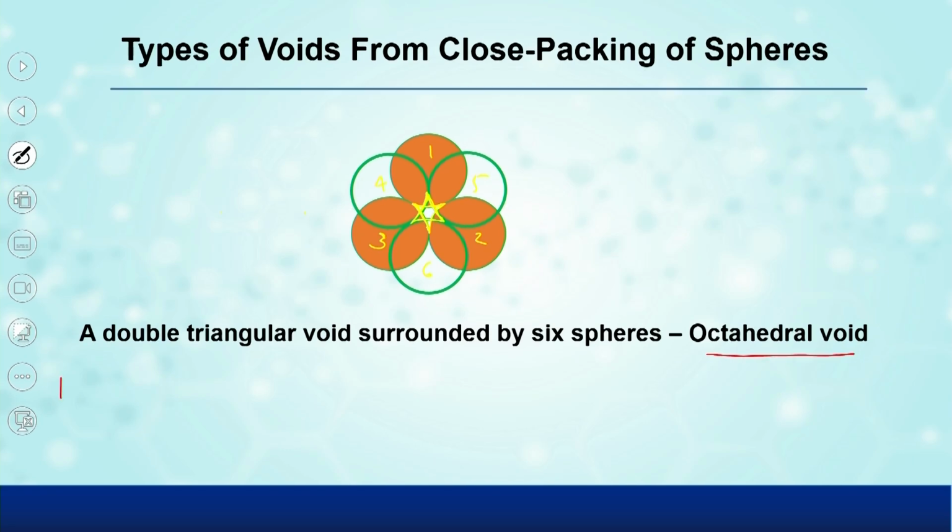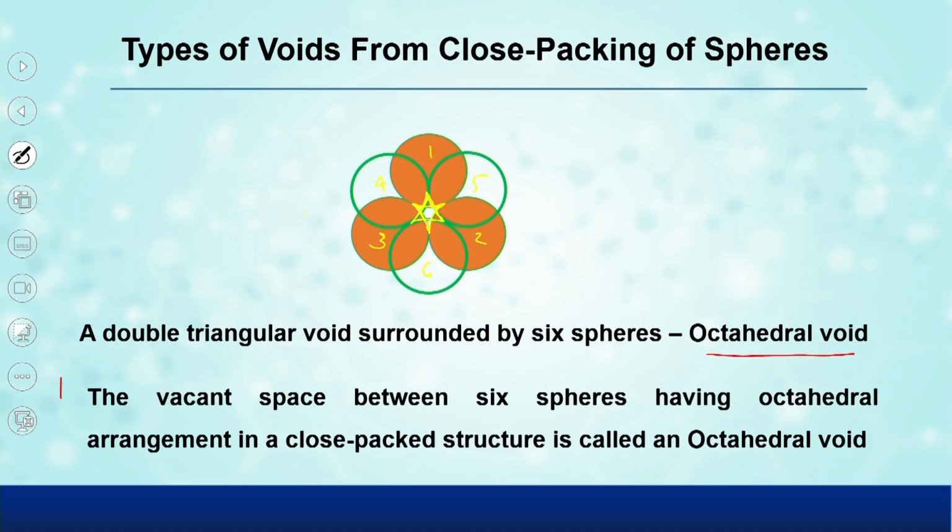An octahedral void is formed by 6 spheres which are in close contact with each other. The vacant space between the 6 spheres having an octahedral arrangement in a close packed structure is called an octahedral void.